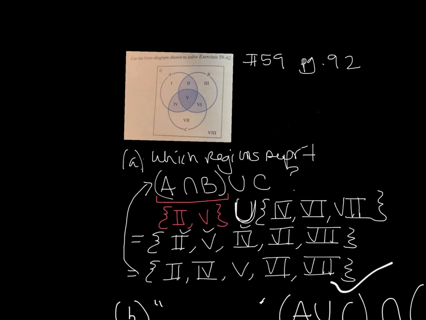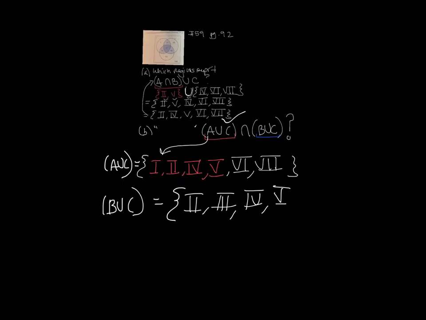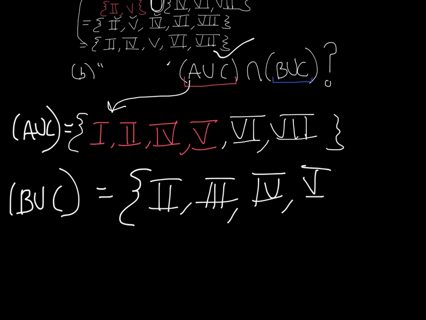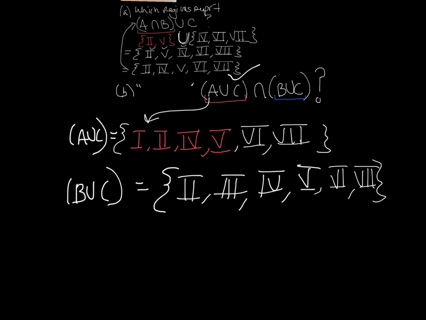So 6 and 7 are right here. Again, we're unioning these guys. Okay, so here is that first guy here, right? And then my B union C, that's this guy, or all of this.